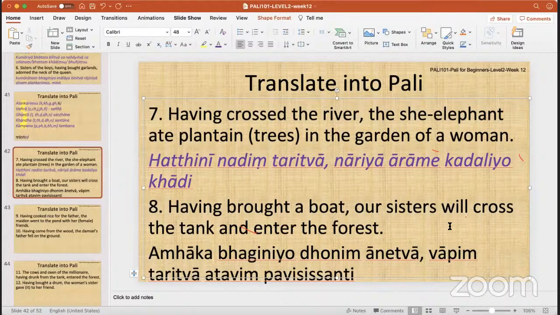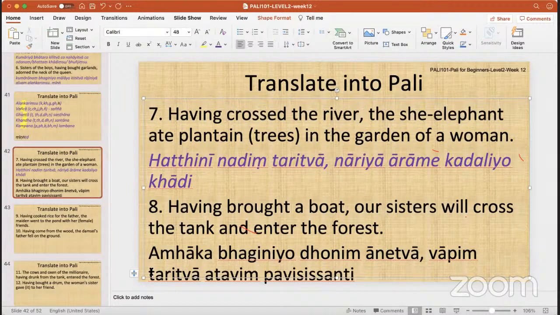We can use, as you said, tarissanti cha, ataving pavisissanti cha. We can say that too. Okay, that's what I have. But vapping taritwa ataving pavisissanti would be even better, but we can use both. I will keep that as well.